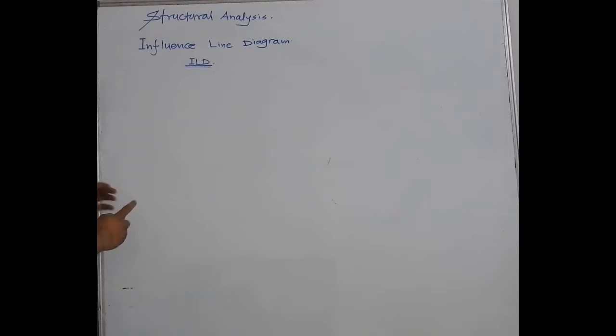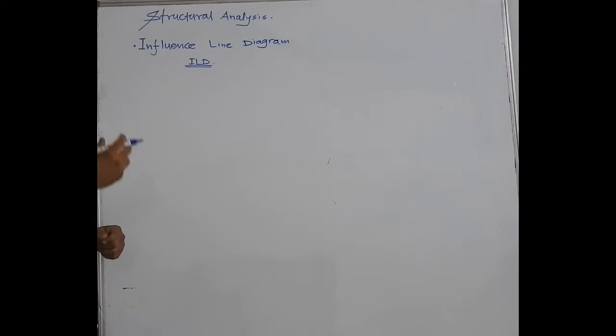So friends, first we will see where this influence line diagram is being used. In the case where we have to determine the maximum shear force in the girder, we are talking about the girder, or the bridge, or the continuous beam over which the load is moving.